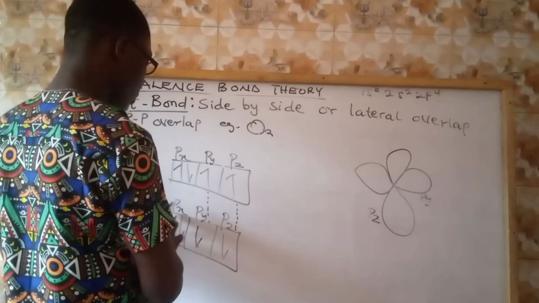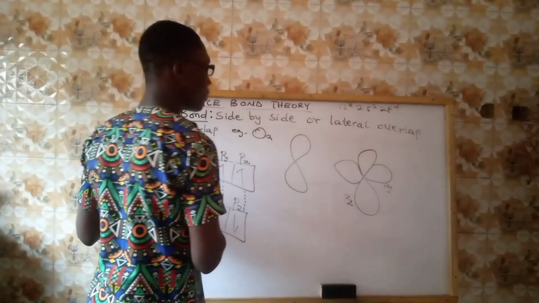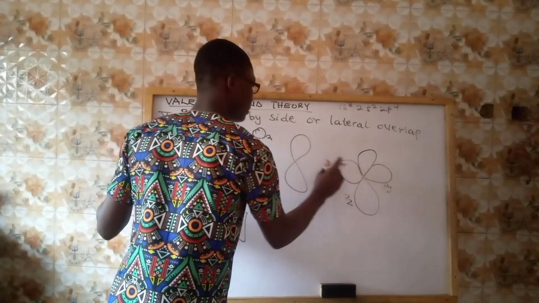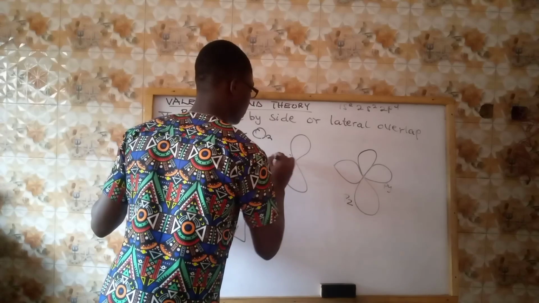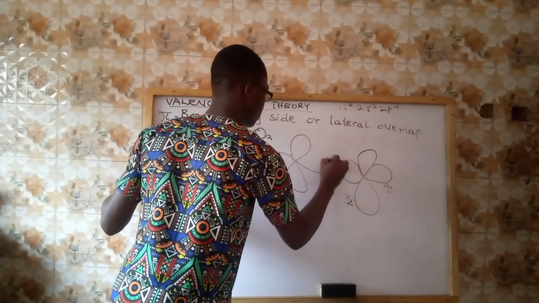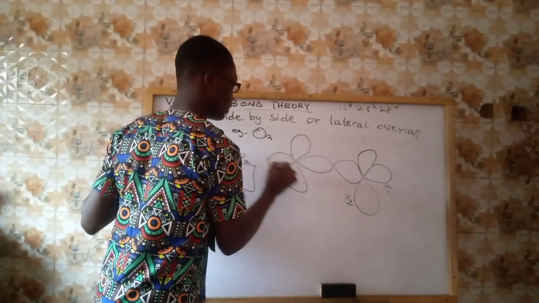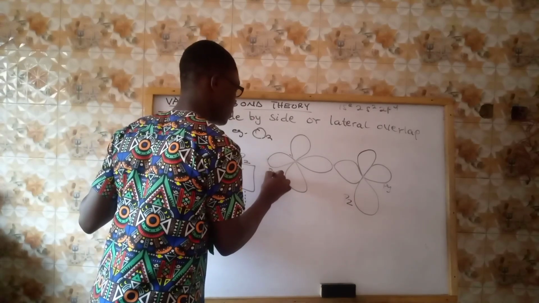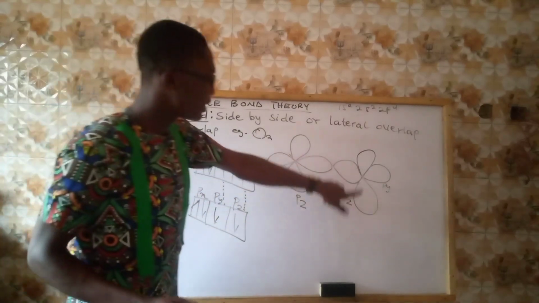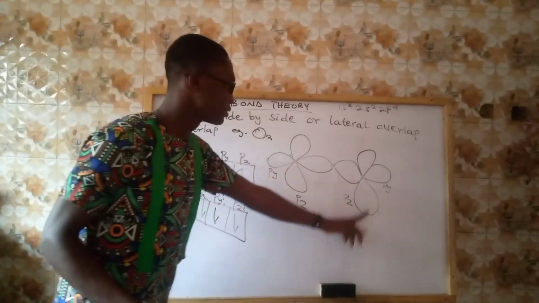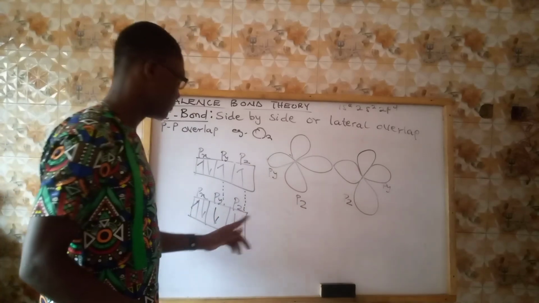And for the second one too, we have py and then pz here. So for the first one the py and then the pz, and for the second one the py and then the pz.